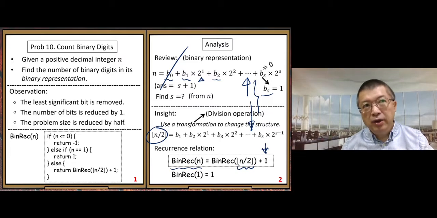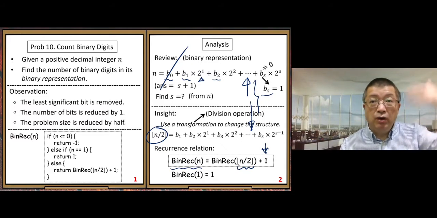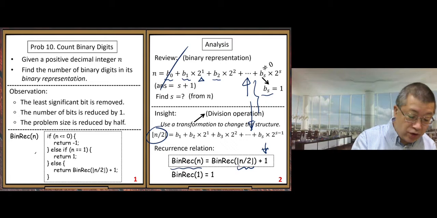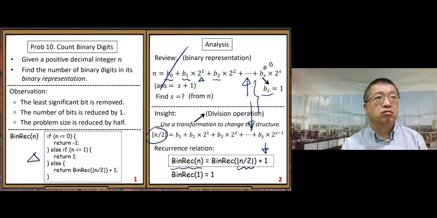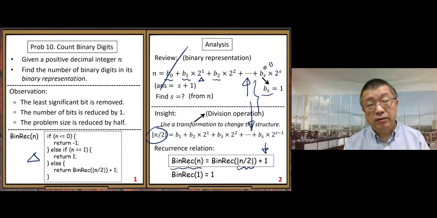Can we get a math formula? Because if we have the formula, we do not need this implementation. We just evaluate that formula. So that will be faster, right?